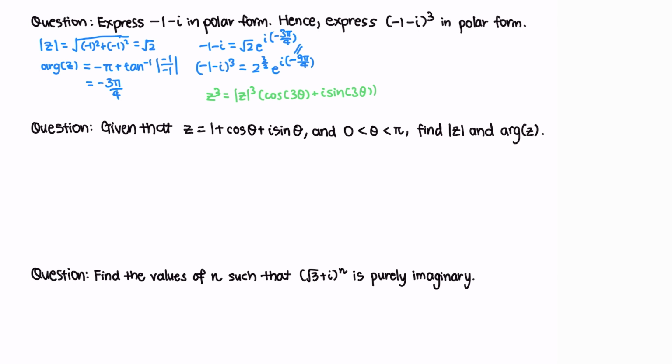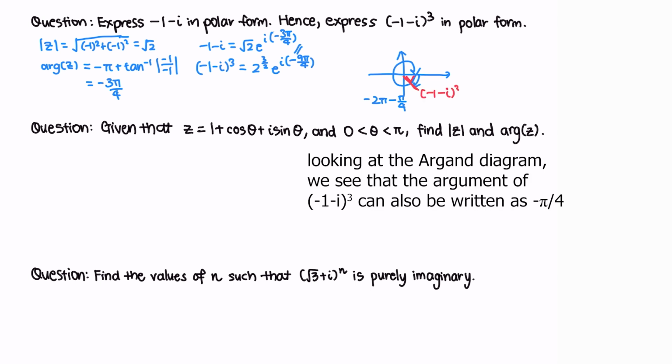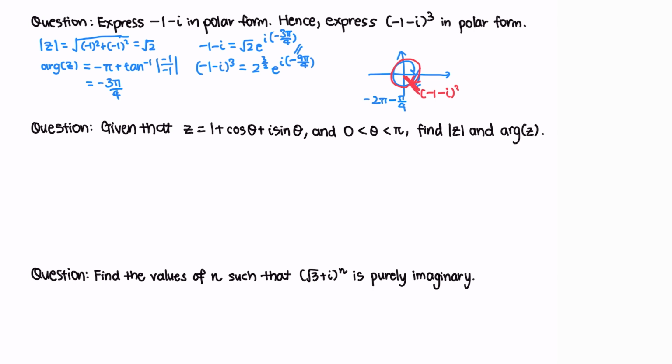Remember your principal argument? Whenever we write arguments, this has to be between negative pi and pi. So actually what we need to do is find out what negative 9 pi over 4 is. Negative 9 pi over 4 is just negative 2 pi, minus another pi over 4. Can you see that? We're doing negative 2 pi minus pi over 4. We actually get that the argument of this, in terms of the principal argument, would just be negative pi over 4.